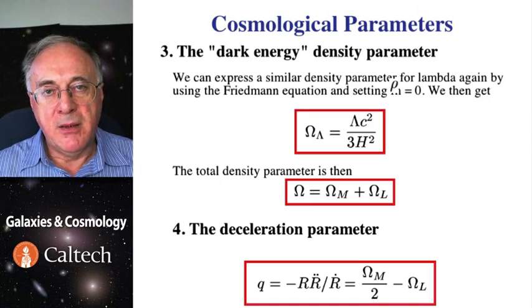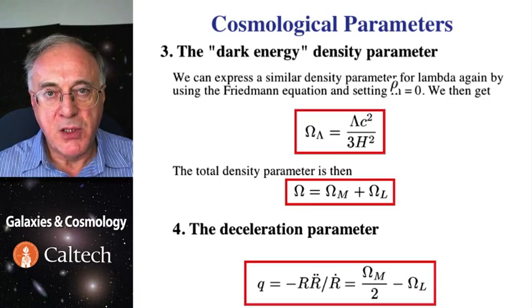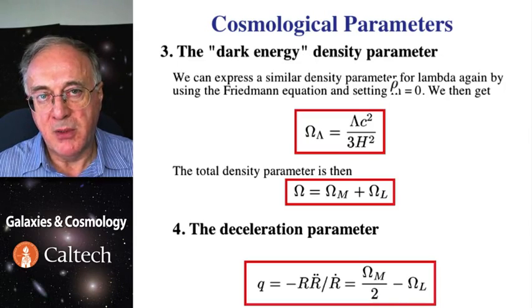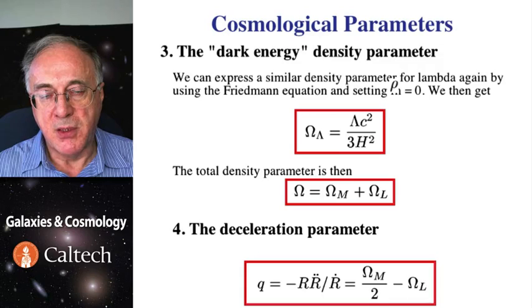We also define the deceleration parameter, often designated with lowercase q or q0 at the present, which in the absence of cosmological constant reduces to 1/2 of the density parameter. But if the cosmological constant is present, its value is different.